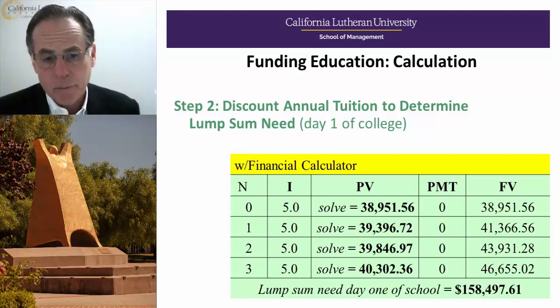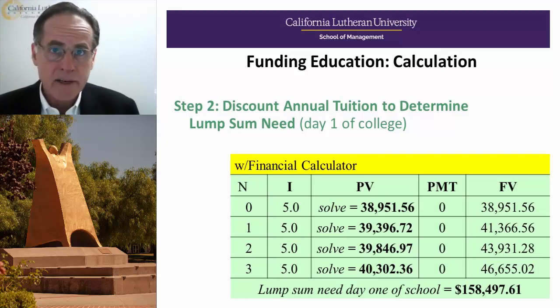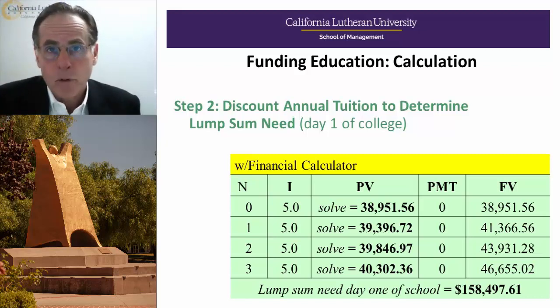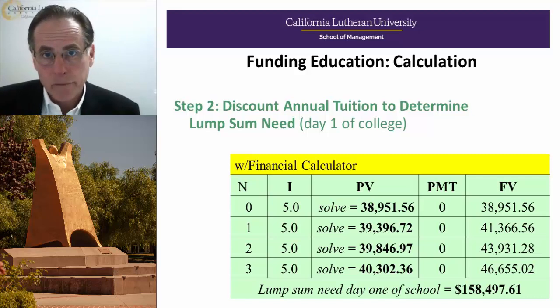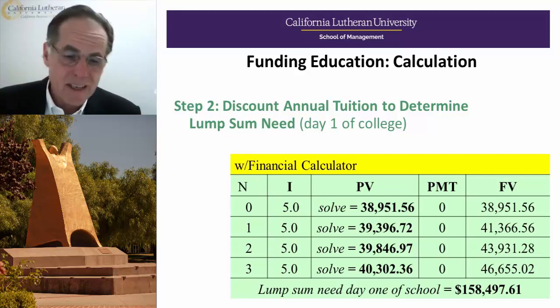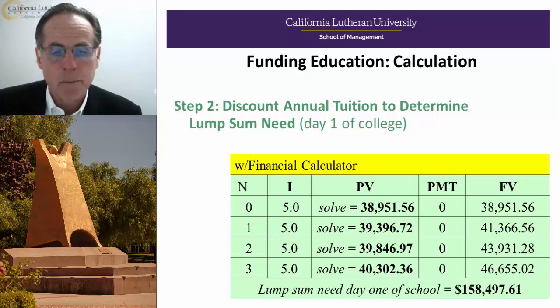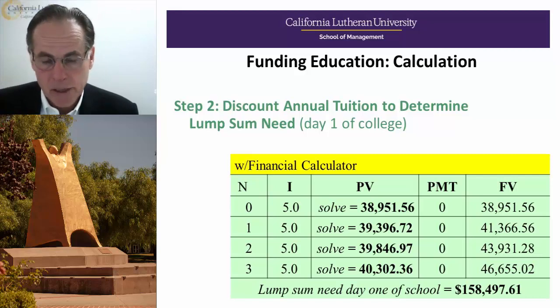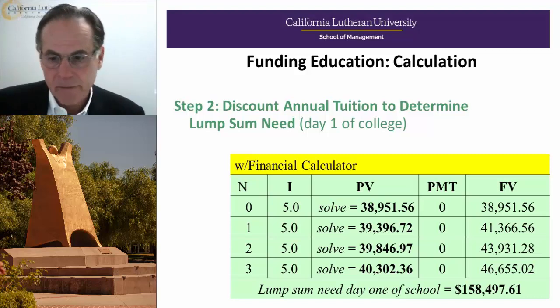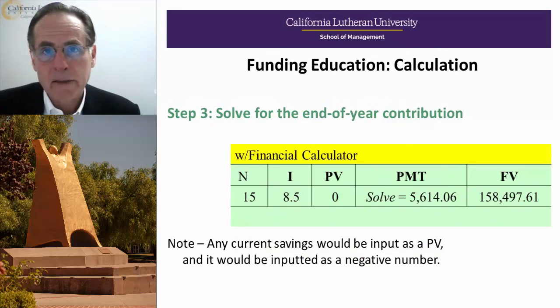And in building this example, the idea was that you're shifting from a growth portfolio to a conservative portfolio because you'll need those funds. And that's why we're seeing that in today's environment, it's going to be even less than 5%. But you can see the lump sum needed is $158,497.61.